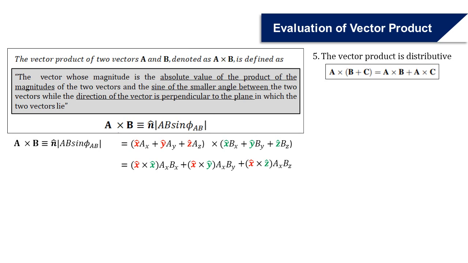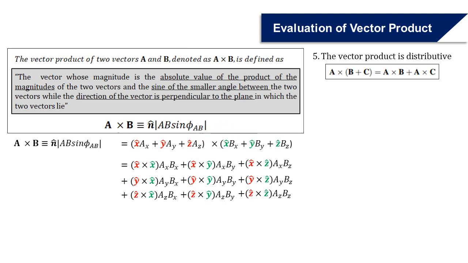So, if uulitin natin to dun sa tatlong terms ng Y and Z, ito yung kanyang lalabas. Okay? Then, Y and Z. Then, sa third term naman, Z and X. Then, Z and Y. And then, Z and Z.